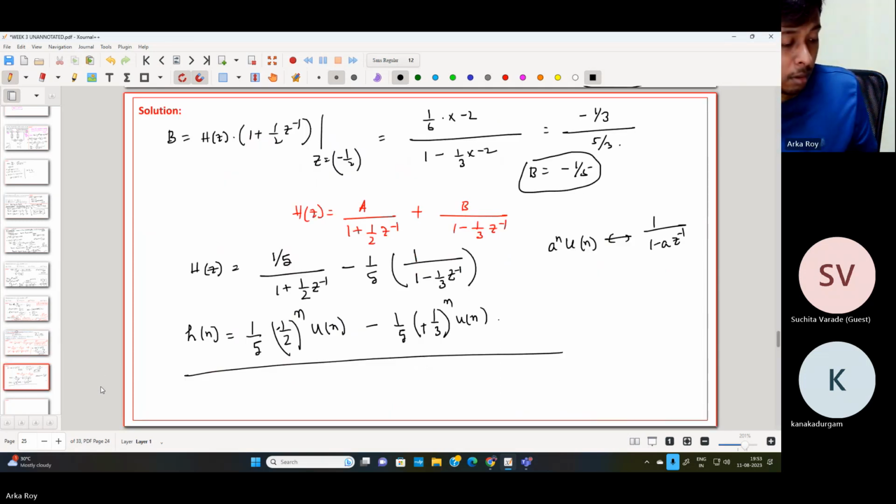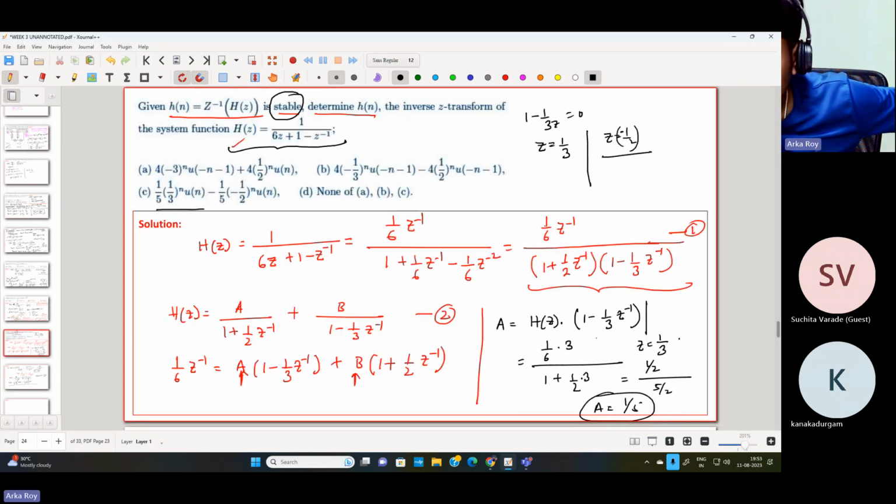So this is 1 by 5, 1 by 3 u[n], and b is 1 by 5. I guess there is some mistake, plus and minus.